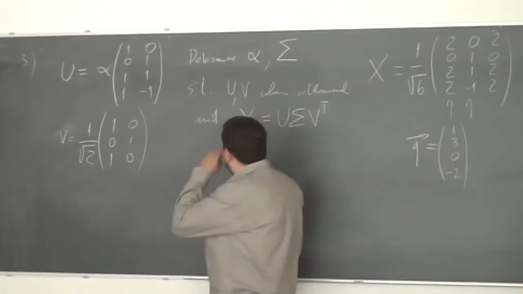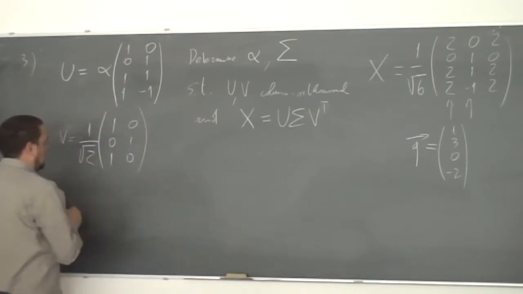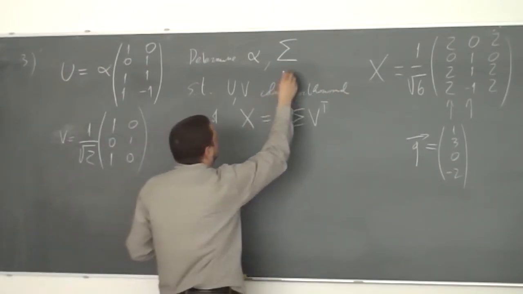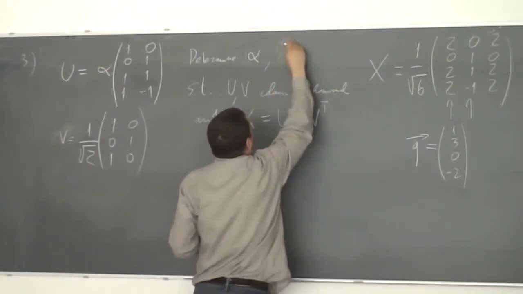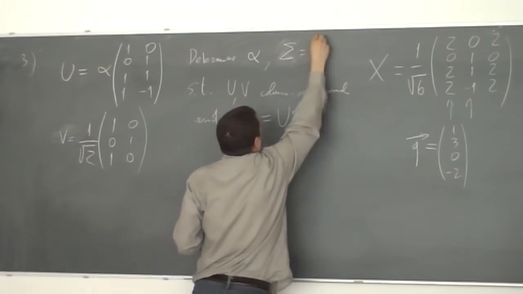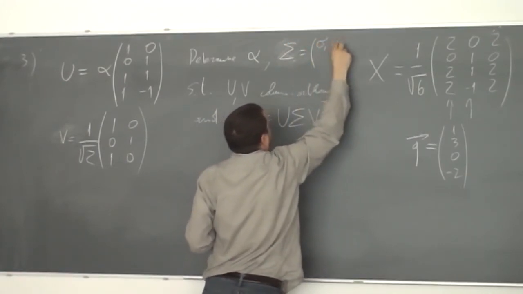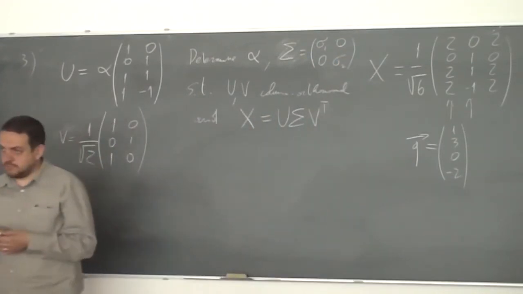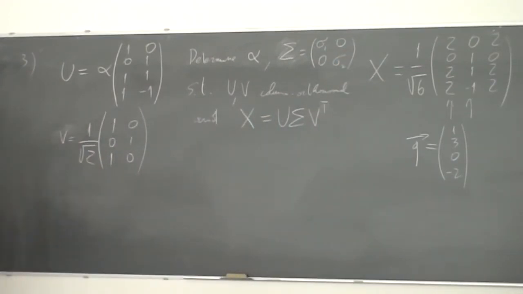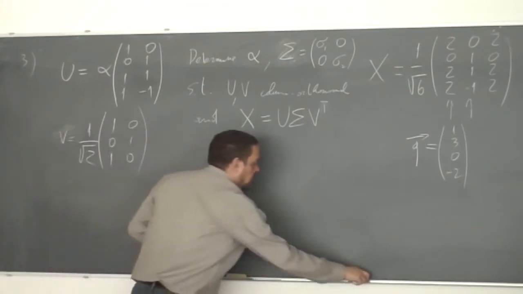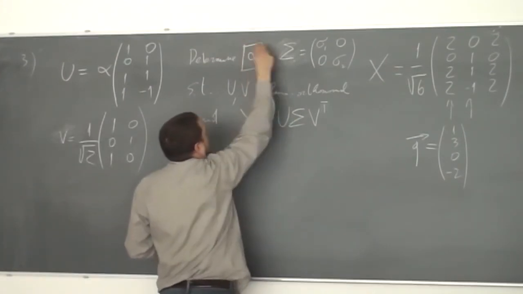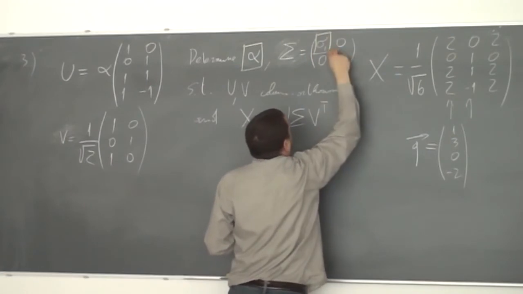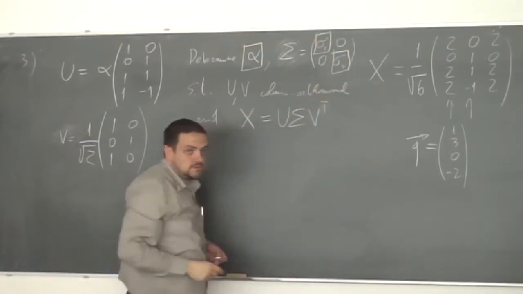So what we have to determine is, we know that sigma is sigma 1, 0, 0, sigma 2. So we're asked for these 3 numbers.